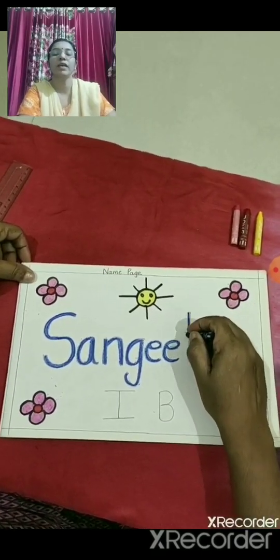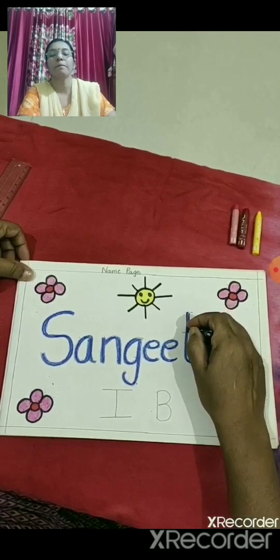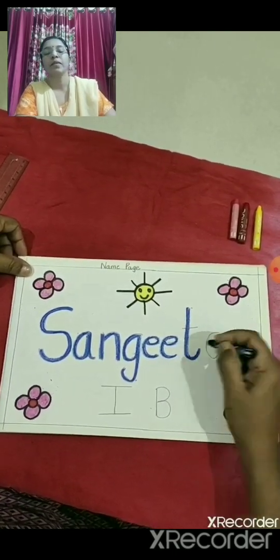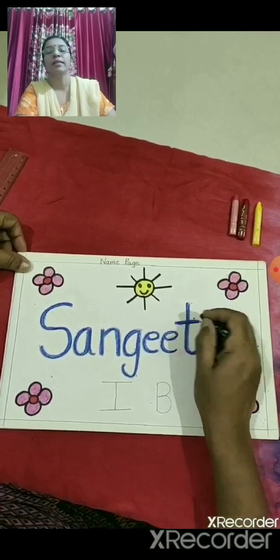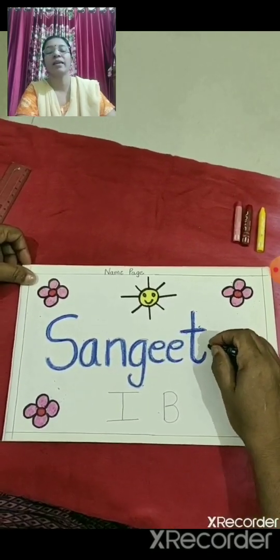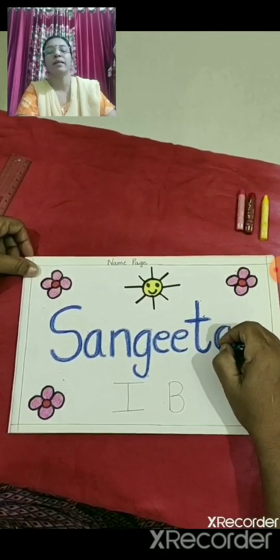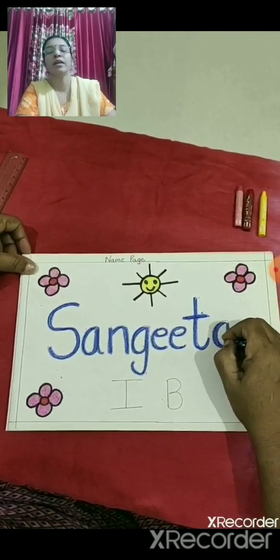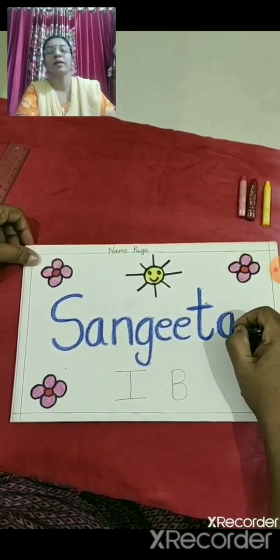Yes, now T. I am going to color T. Yes, after T, one more letter left, that is A. So my name is ready. So I finish coloring the name. Okay.